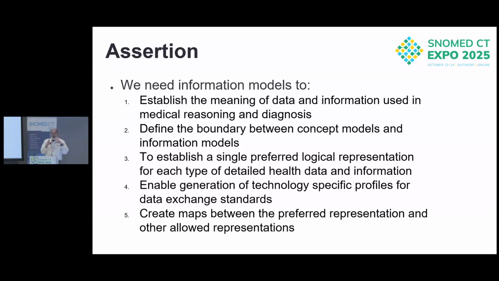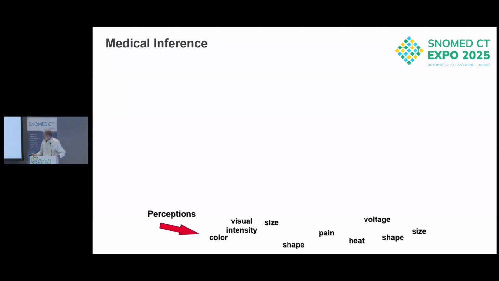And you have to have the information model to really understand what the trade-offs are and the relationship between those different data elements when you represent the data. So this just shows the relationship and why it's important to have those concepts at all.